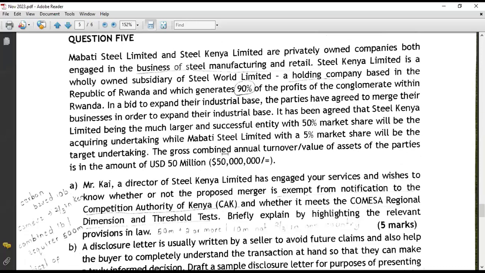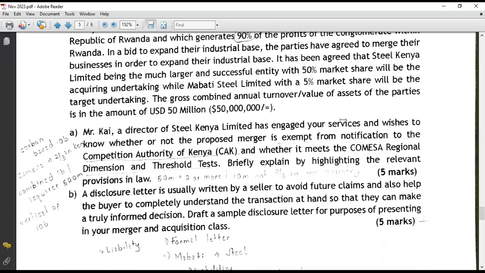In a bid to expand the industrial base, the parties have agreed to merge their businesses. It has been agreed that Steel Limited, being the much larger, successful entity with 50% market share, shall be the acquiring undertaking, while Mabati Limited with 5% market share will be the target undertaking. The gross combined annual turnover value of assets of the parties amounts to 50 million US dollars. So this question is asking you on which topic, Helen?